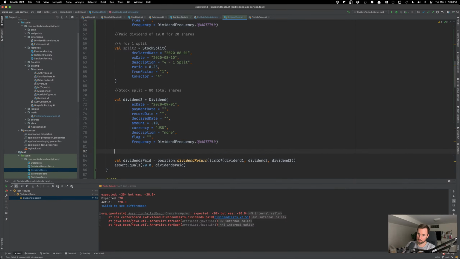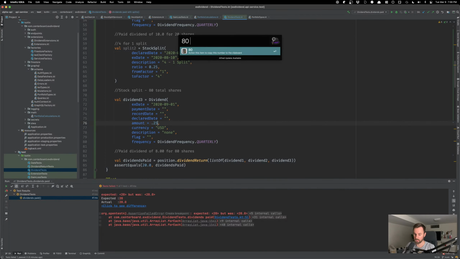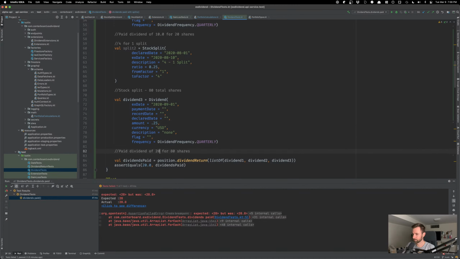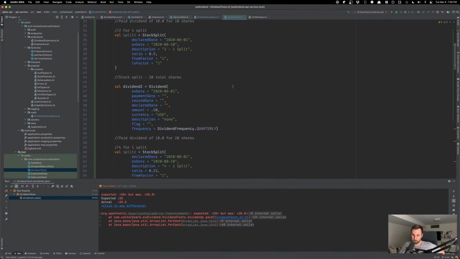And then basically we're going to be paid 10 cents for 80 shares. Right, so we're going to get paid $8. This probably needs to be 25 cents or something more reasonable. So we have 80 shares times that, so we're going to get paid $20. Does that seem right? I think that's right.